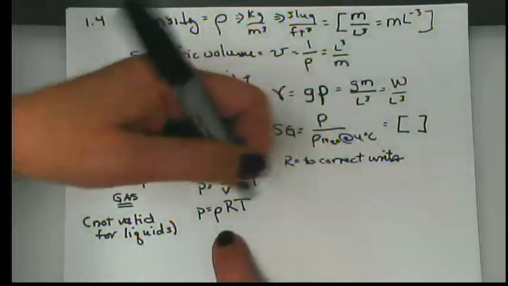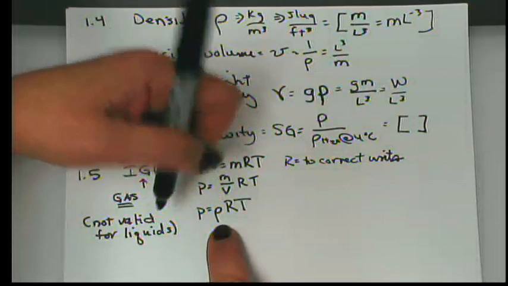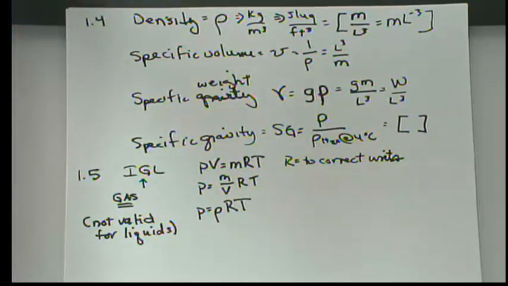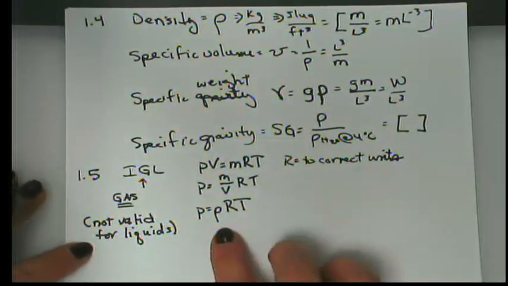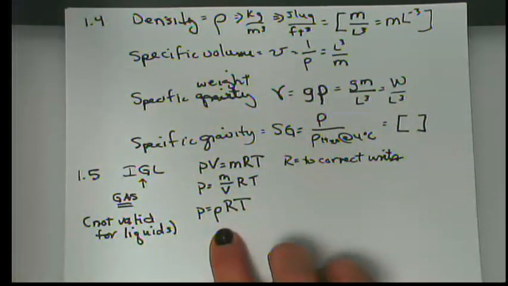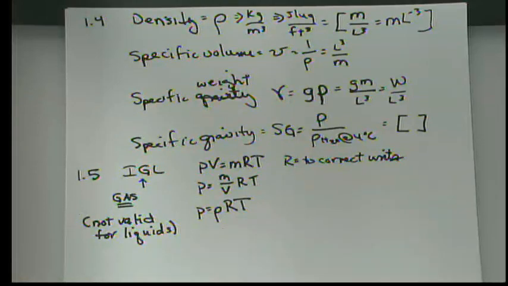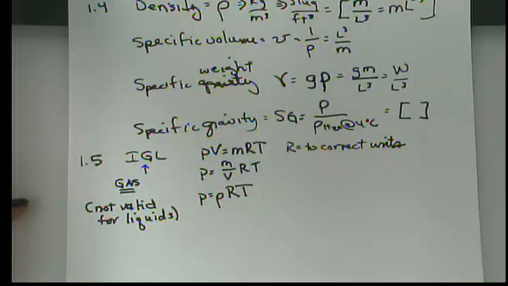So the relationship between pressure, temperature, and volume for a liquid is not as direct as it is for a compressible fluid such as a gas.